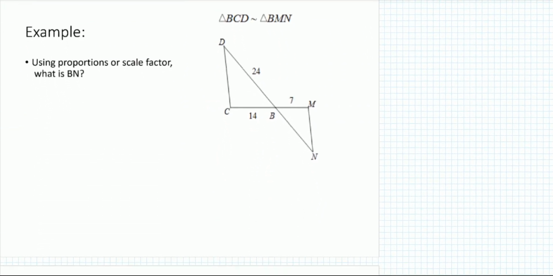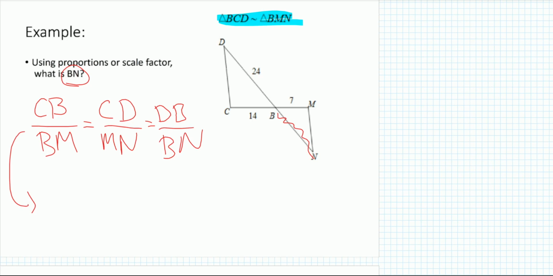So now I have numbers, the exact same shapes. I have not changed the notation, so let's see if you can figure this out. We're looking for BN, so I want to solve for this one right here. If we go back to our proportions, or we can just write them here, I can start substituting numbers.